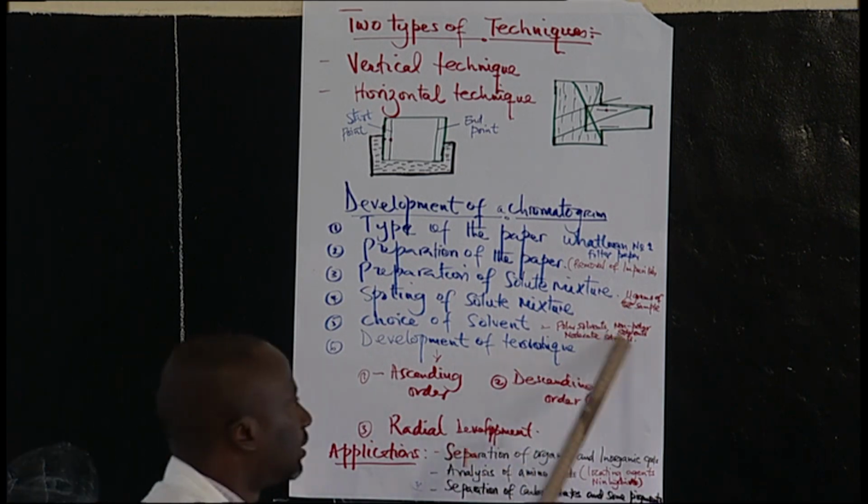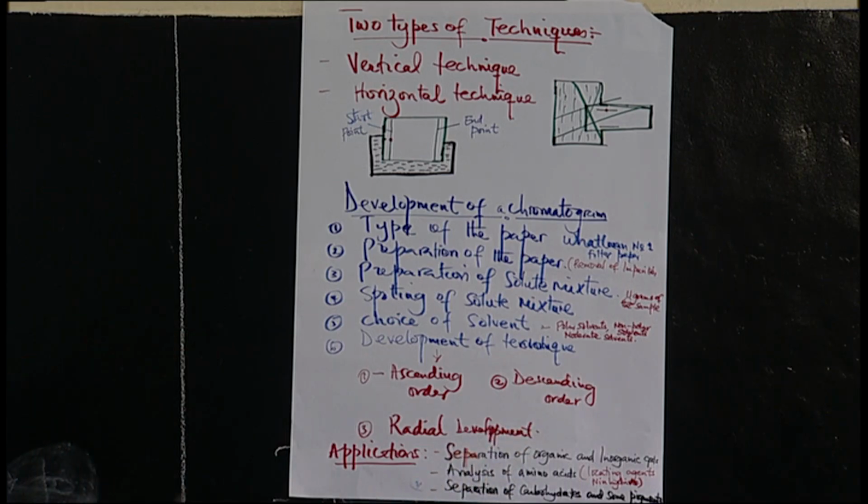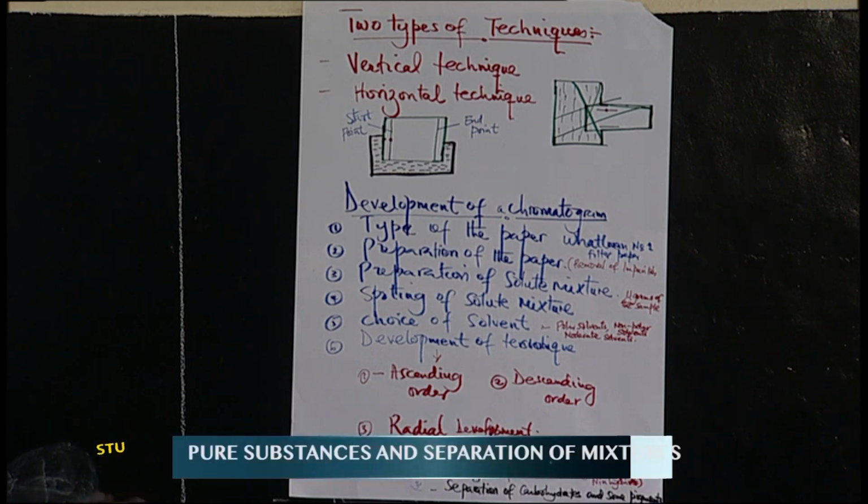It depends on the type of the mixture that you want to separate. So in most cases, we use organic solvents. Those are the non-polar solvents. Like even we can use also ethanol, we can use tetrachloromethane, we can use acetone, and many others.